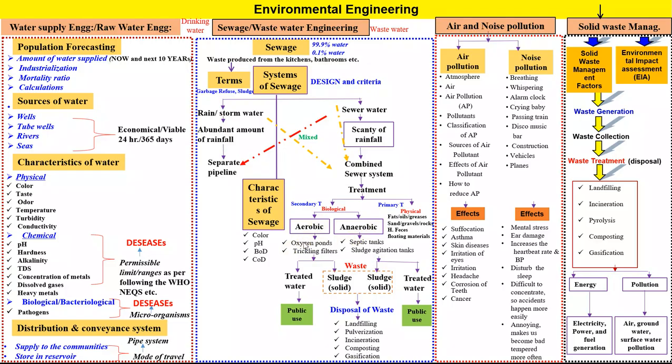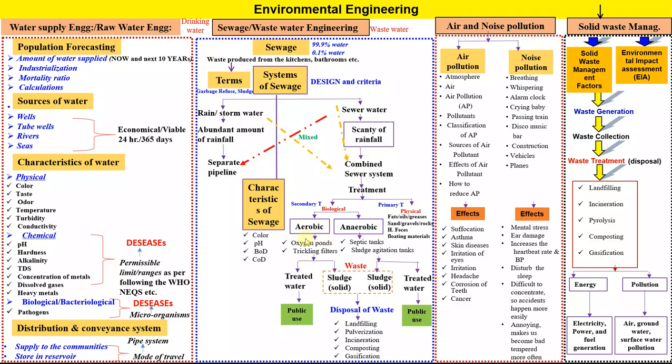Here we are talking about the treatment of the sewage. Aerobic is conducted in the presence of oxygen, with trickling filters, and anaerobic is in the absence of oxygen. So we have different sorts of structures like septic tanks and sludge agitation tanks.